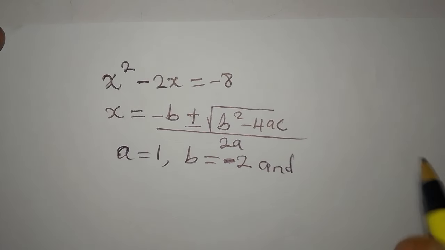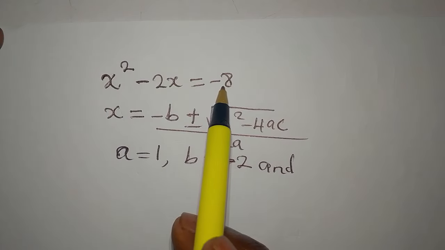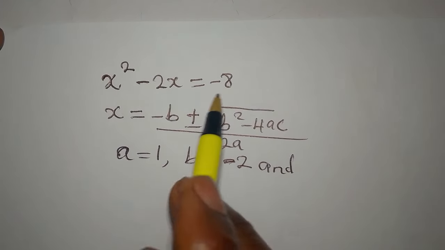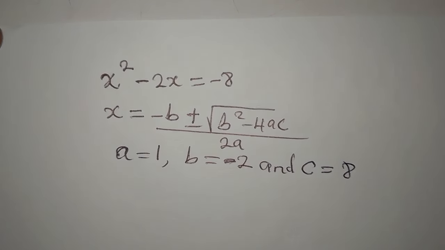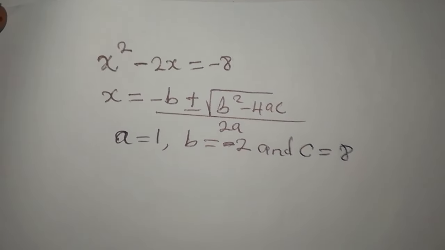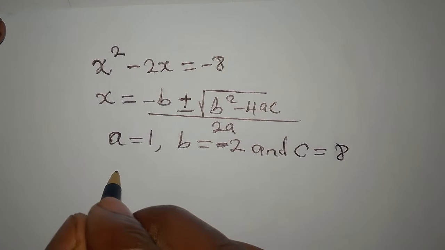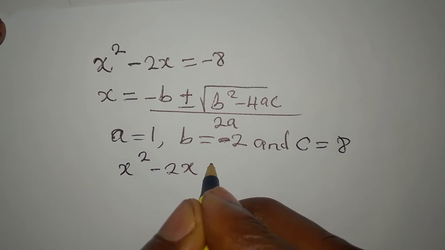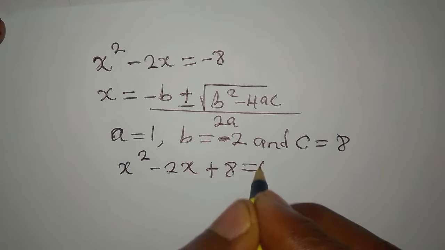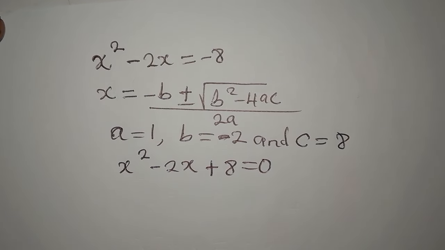And by the way, remember that you're supposed to bring this one here. So if you do that, your c will become plus 8. Because this is how the equation should be: x squared minus 2x plus 8 equals 0. So our c is positive.